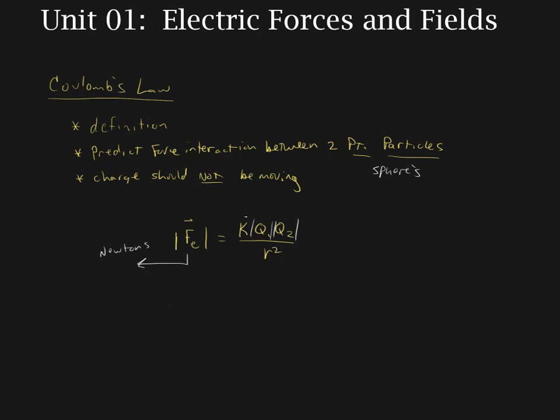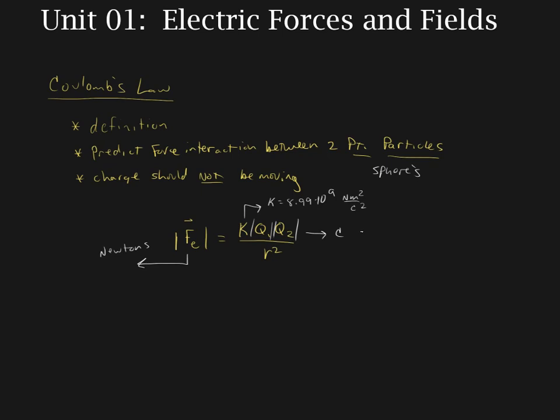All right, K is Coulomb's constant, and K has a value of 8.99 times 10 to the 9th, and that will be Newton meters squared per Coulomb squared. Q1 and Q2, those are going to be measured in coulombs.